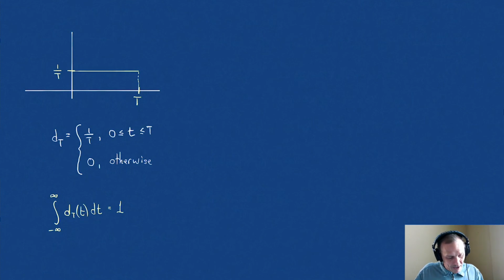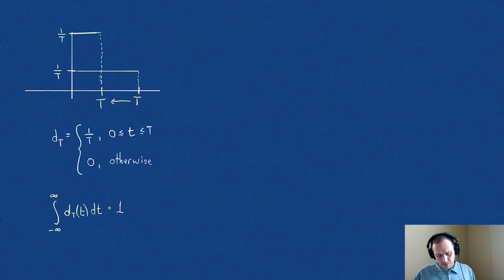Notice that the integral is still 1. So as capital T starts moving to the left, then 1 over T moves up. So this is my new 1 over T.